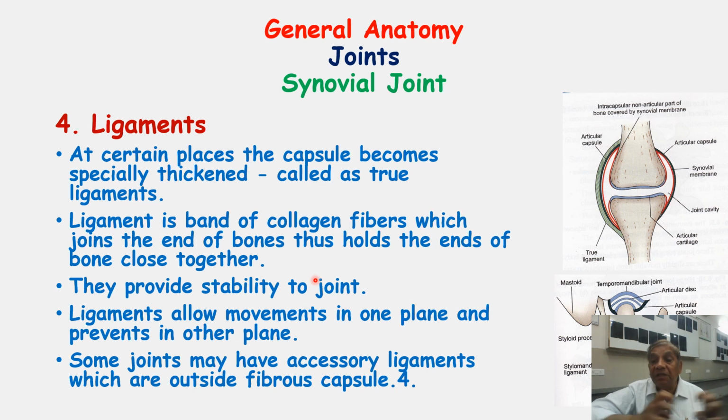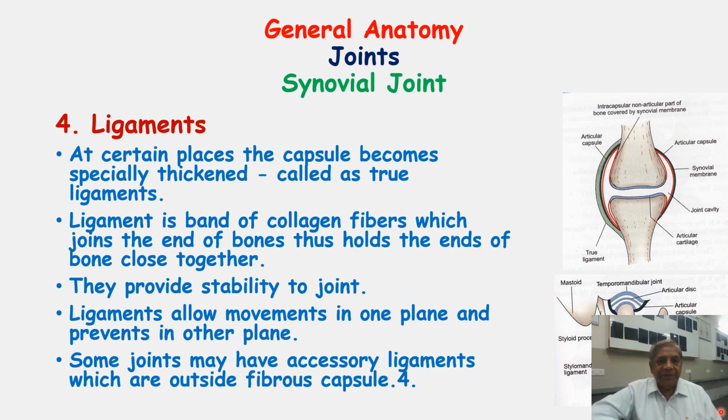It will not stretch, so it provides stability to the joint, because it connects the two bones. Ligaments allow movement in one plane. That means these strong bands of fibrous tissue are present only in those directions where movements are minimal. They are not present, or are very thin, in the plane where movements occur, which I will explain later in the next video.